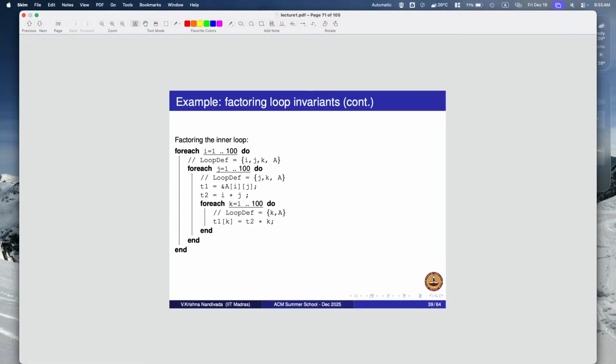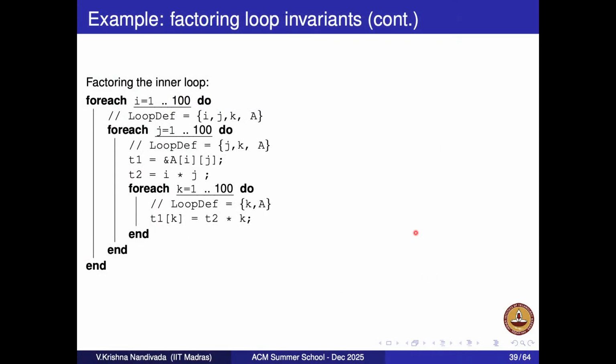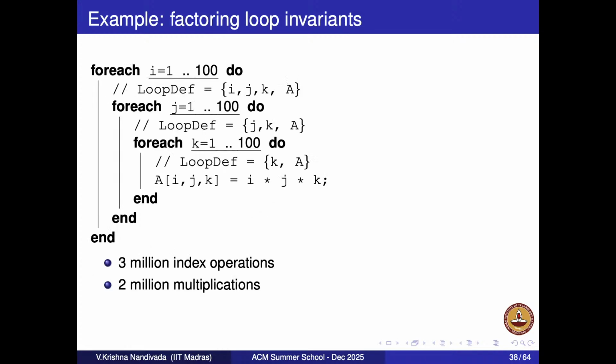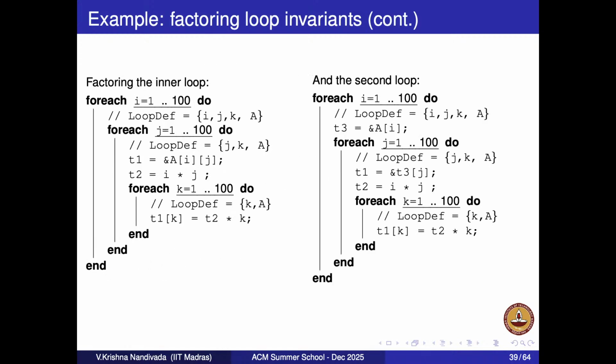Okay, good. Ready? All right. So this is T2 times K. Yeah, we were here. Look at this T2 times K. Just look at two things, the for loop and T2 times K, nothing else.